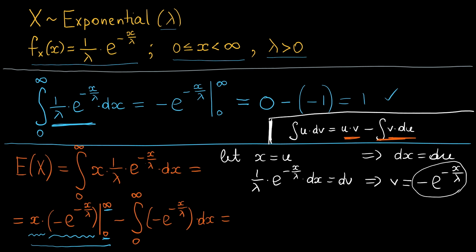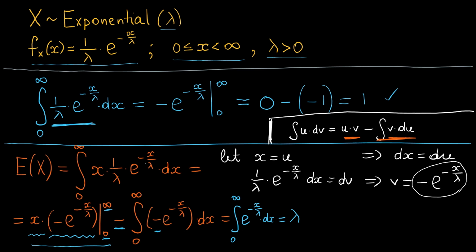Now we just need to deal with this integral here. And notice again that we have a minus sign in front and a minus here, which will combine to a plus. So really all we have is the integral from 0 to infinity of e to the power of minus x over lambda dx. And we've already done this one. Well, almost. We don't have a 1 over lambda this time, so we have to keep that in mind.